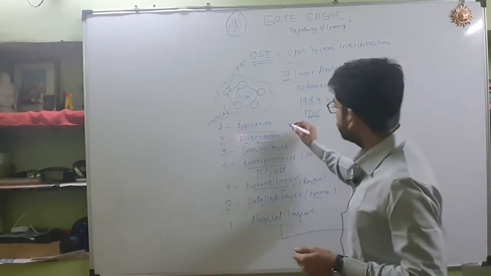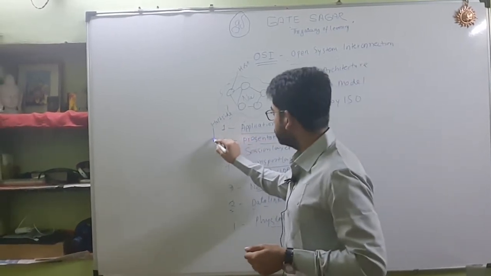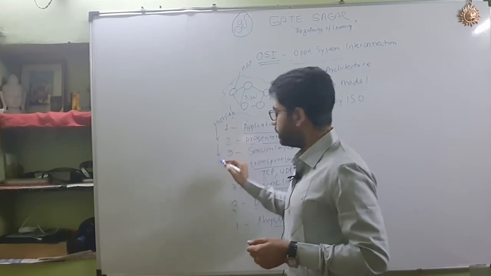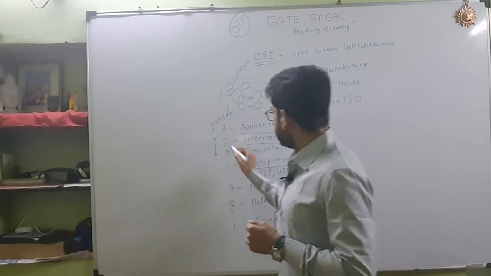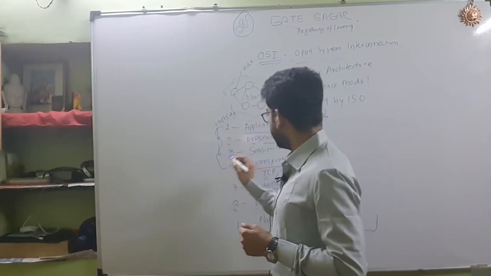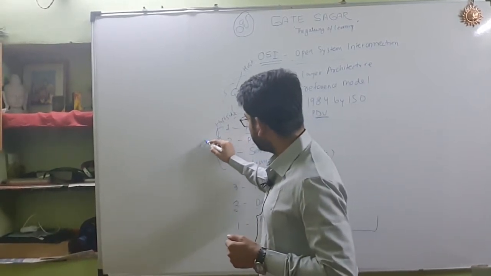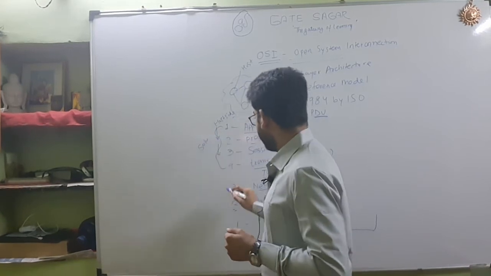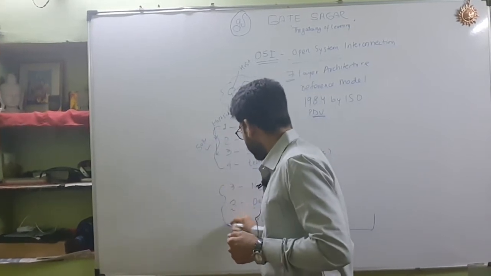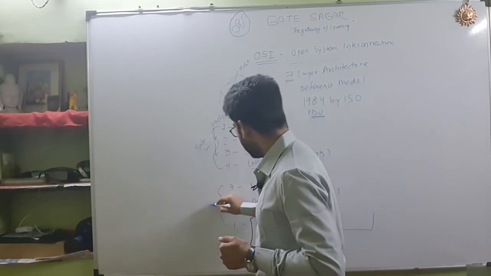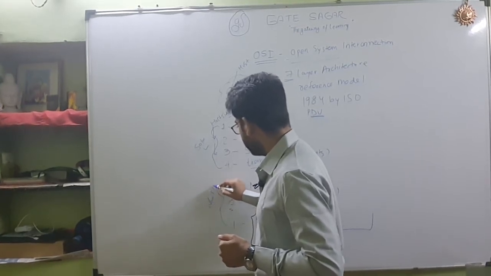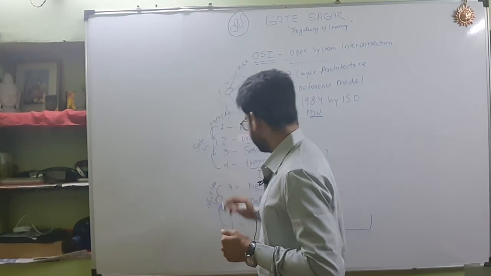Now the whole process starts from the host side, and every bottom layer serves the upper layer. The top four layers are called software layers, and the bottom three layers are called network side layers.